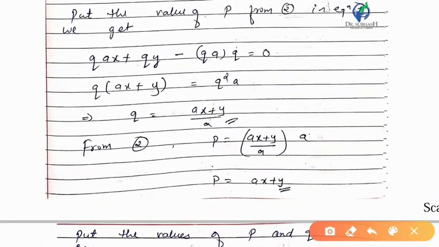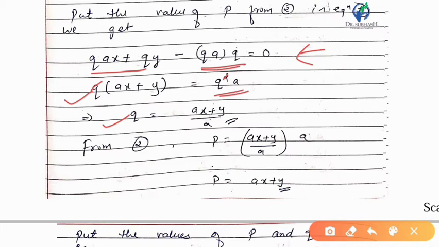So here I have substituted these values in the given question. From this term I am taking q as common. This q square a I am taking to the other side. So I get here q square a. On both sides q will get cancelled. So at last I will get q equal to ax plus y upon a.